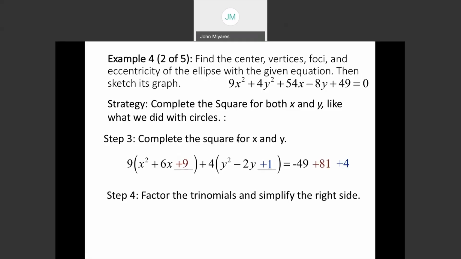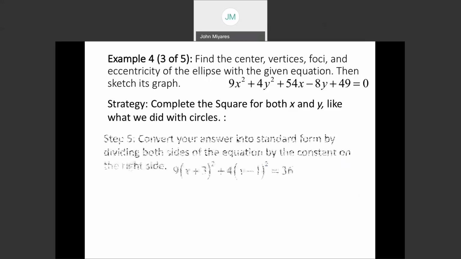Now, factoring each piece and simplifying on the right-hand side here, we have 9 times x plus 3 squared plus 4 times y minus 1 squared equals 36. So we're almost done, but not quite.